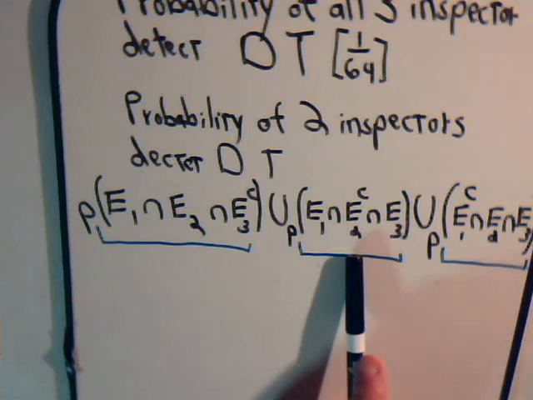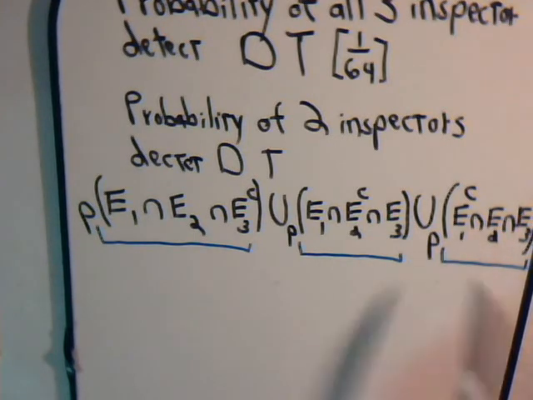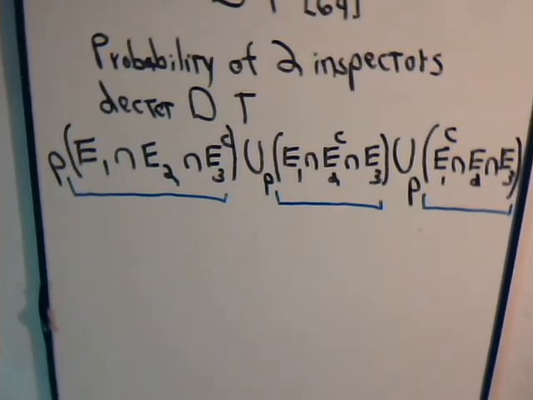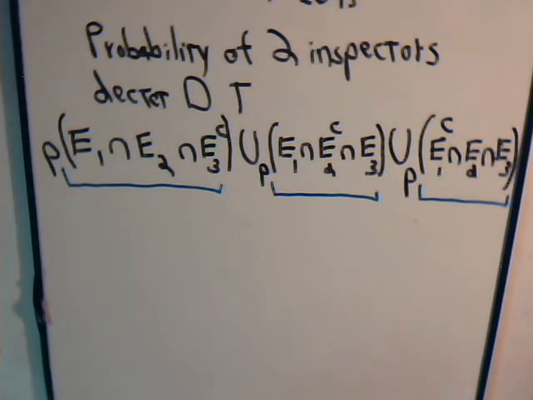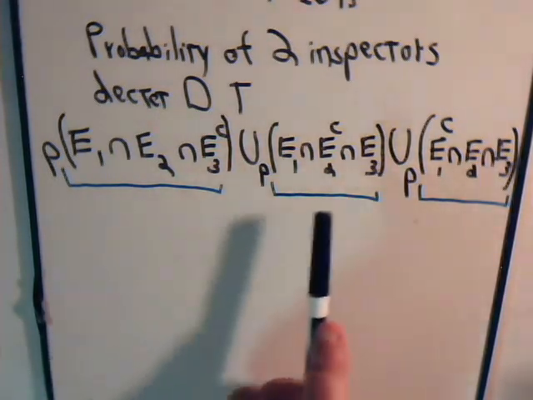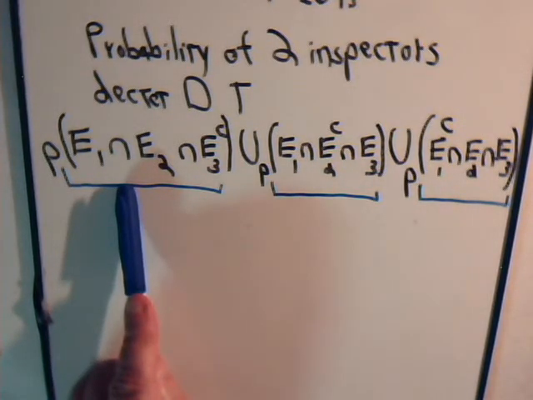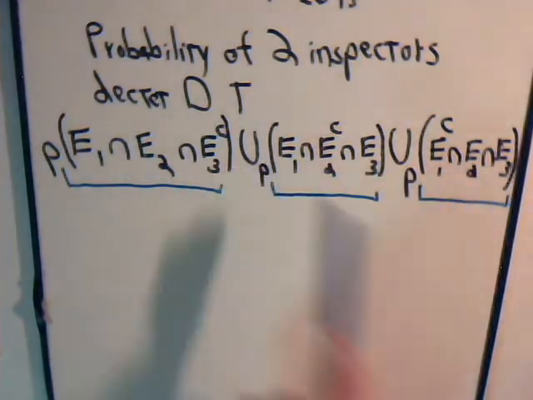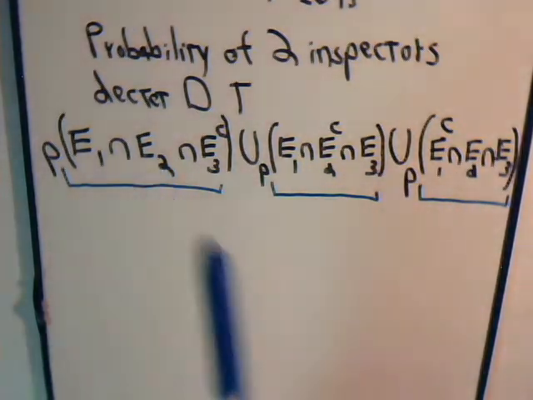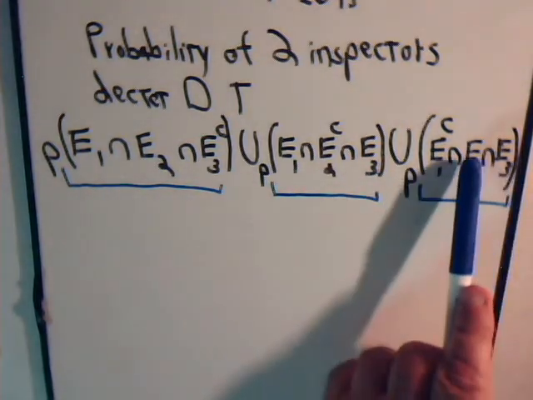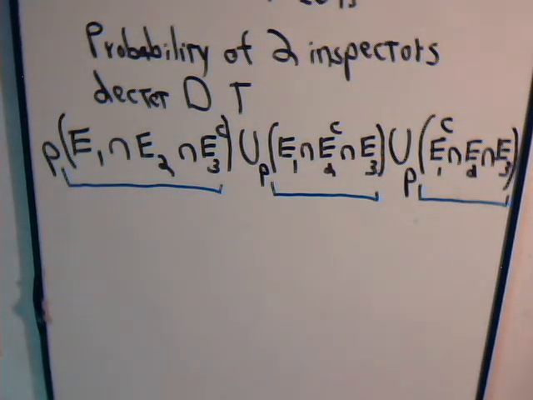Here the second one does not find a defective transistor. Here the first one does not find a defective transistor. So, by nature, all these are mutually exclusive events. So that means the probability of this happening is the sum of these. That's how it works for mutually exclusive events, as we pointed out in the previous videos.